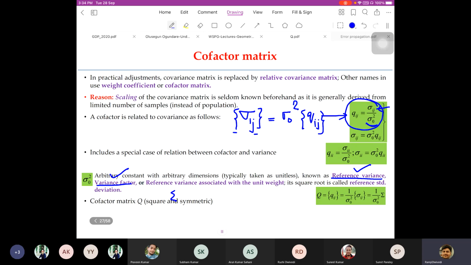Please remember, this represents Q, this represents sigma, and you can easily see how they are related.